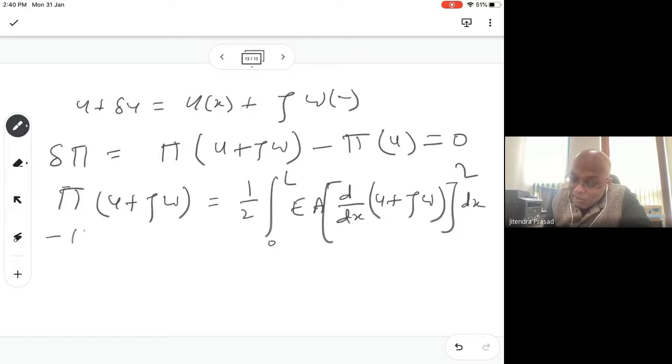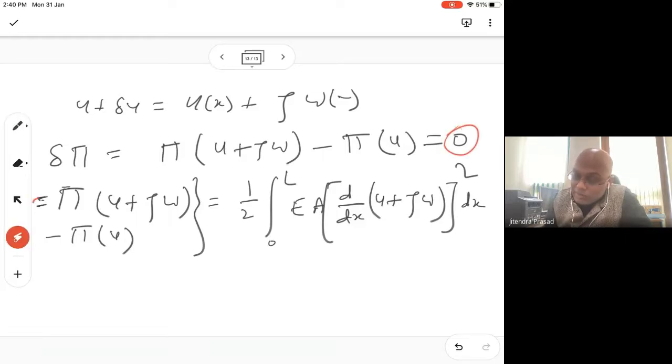Let's write all together. That will be easy. We can do it in one go. So 0 equals this minus this.